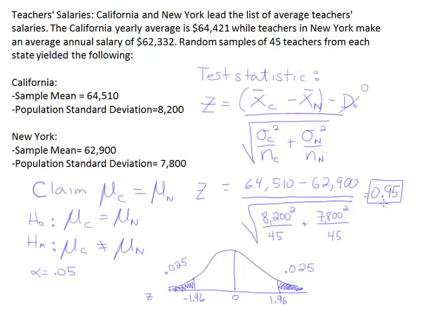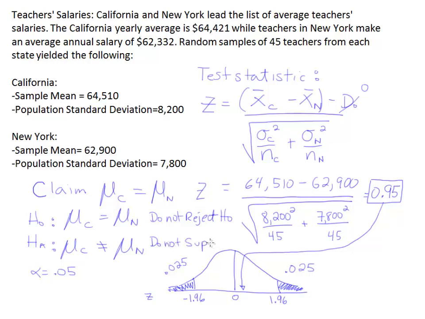Now, of course, we can see that this test stat does not fall into the rejection region. It's right here, and therefore it's going to be in the do not reject the null hypothesis region. So that means we're saying do not reject here. So do not reject the null, and therefore you do not support the alternative. Remember, those go together, right?